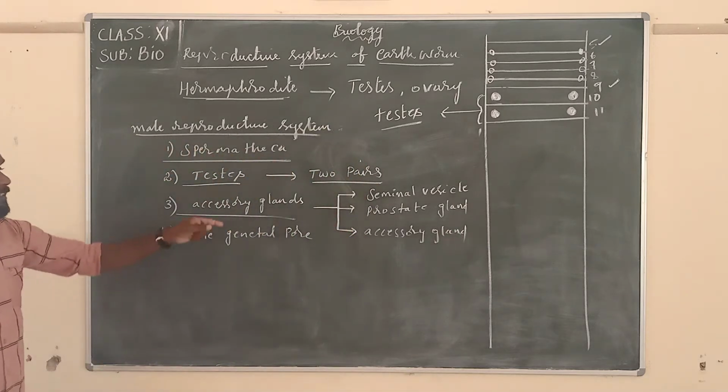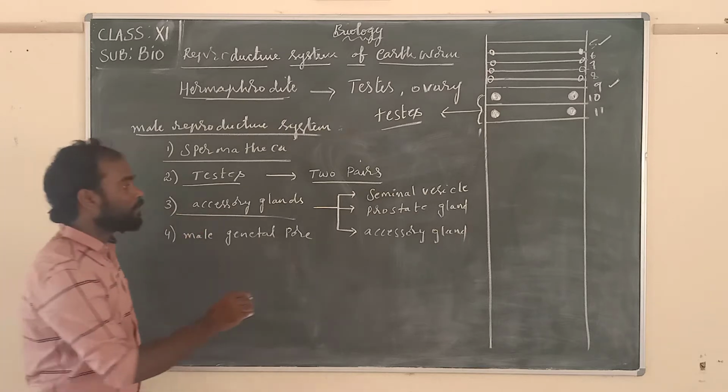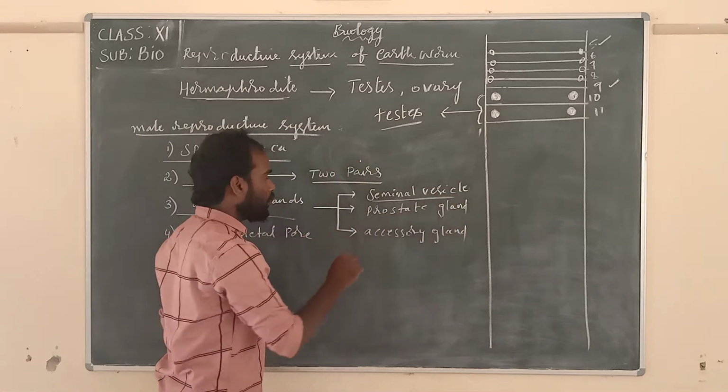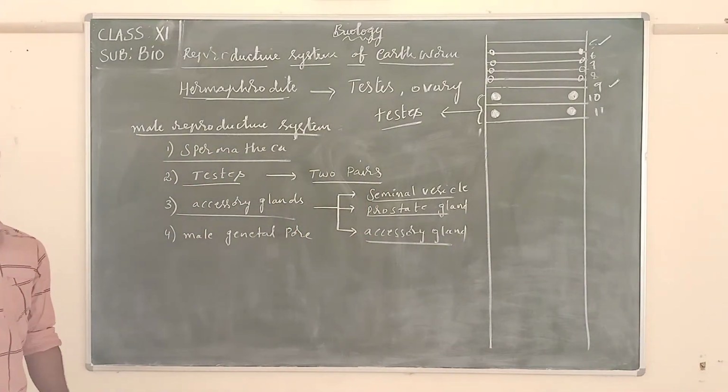So there are 3 types of accessory glands present in the earthworm: seminal vesicle, prostate gland, and the other name is accessory gland itself.